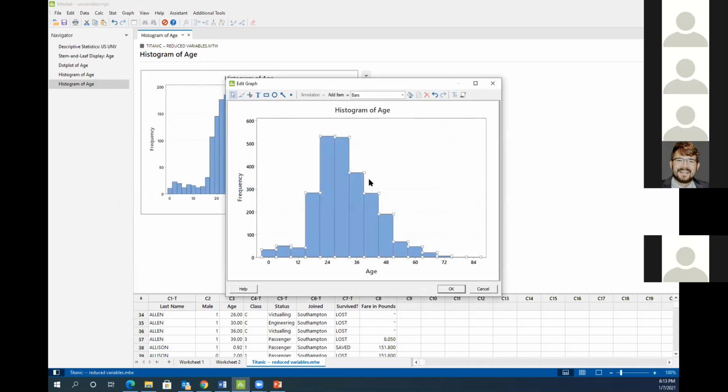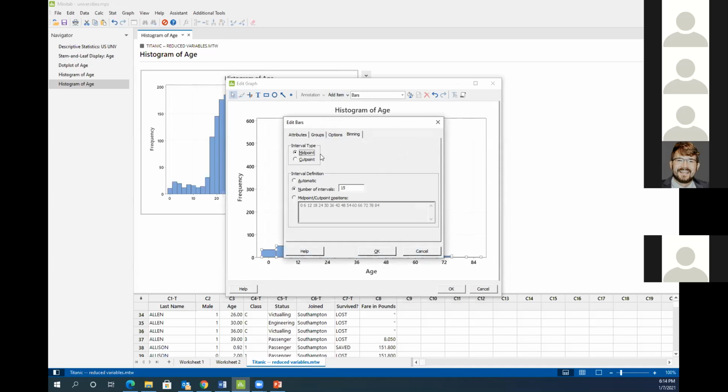Now I would like to see in the histogram how many people were between age 20 to 30. But here I can't see it, so I go to Edit Bars, Binning. I would like to use cut points, and here I have to give the cut points manually.